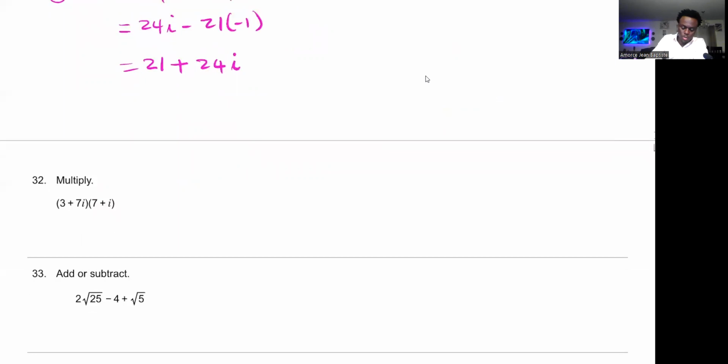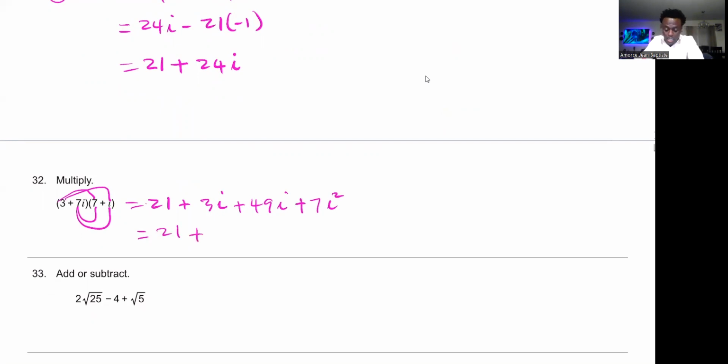Over here, we can FOIL. 3 times 7, 21. 3 times i plus 3i. 7i times 7 plus 49i. And then 7i times negative i, plus negative 7i squared. Then we have 21, and 3 plus 49 is 52i. The i stays.